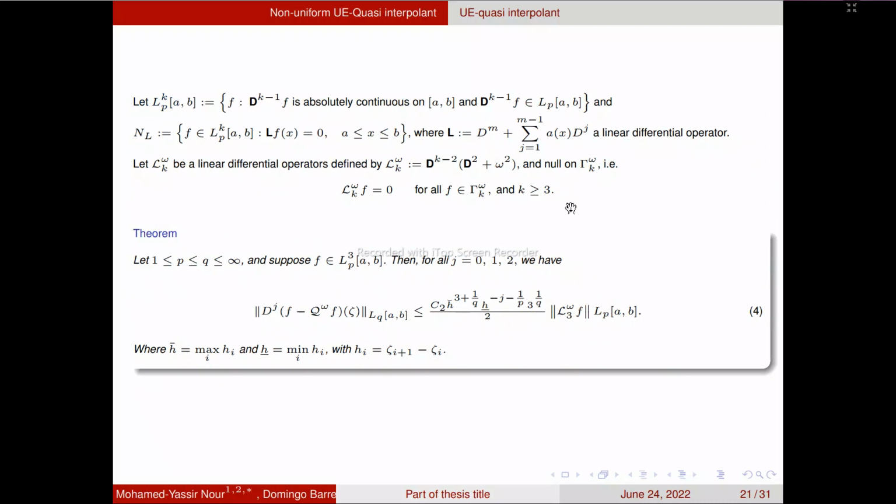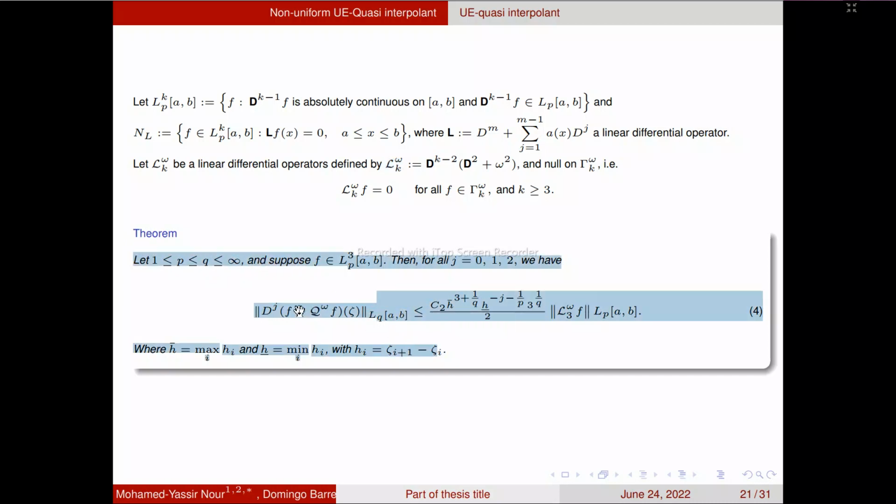To study the error, we defined this operator that is already presented in the Larry Schumaker book, and we defined the linear operator that annihilates our space by that, and we found theoretically that the error between the function and our quasi-interpolant is like this.